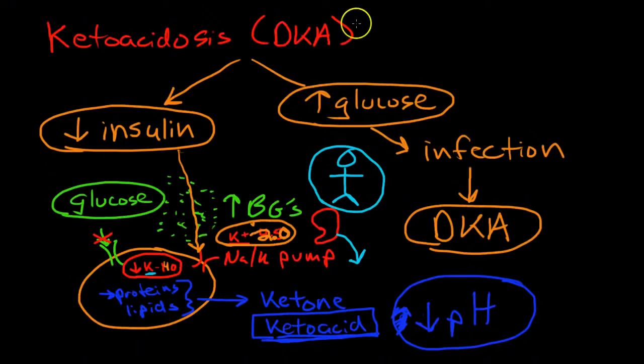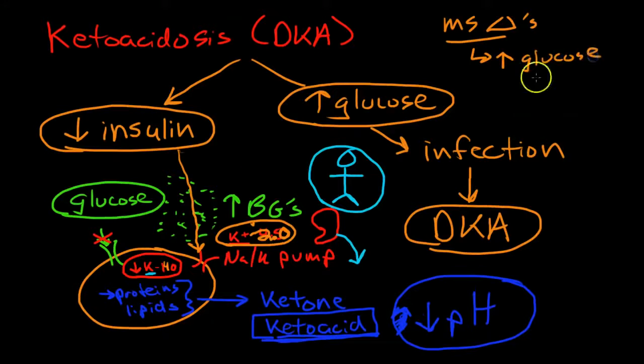One of the effects of ketoacidosis is mental status changes, and this actually happens with ketoacidosis and another condition called non-ketotic hyperosmolar coma. This is primarily due to increased glucose levels, increasing the osmolarity of our blood. We have so much glucose going around, and I've seen people with glucoses up in the 900s.